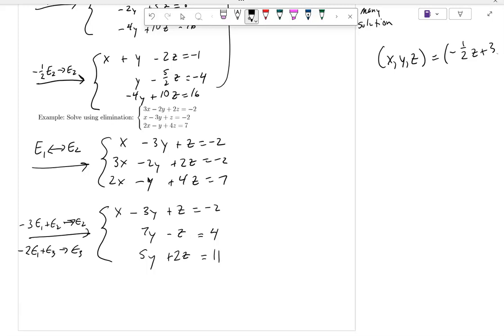Okay. Like I said, I try to avoid the fractions if I can. Unfortunately, I can't mess with this equation at all because I'm using that as my upper left-hand corner, right? So basically done with that equation. I need to make this a 1y. Well, swapping isn't going to help us very much, is it? All right, so the best thing that we can do here is just divide both sides by 7, multiply by a 7th.